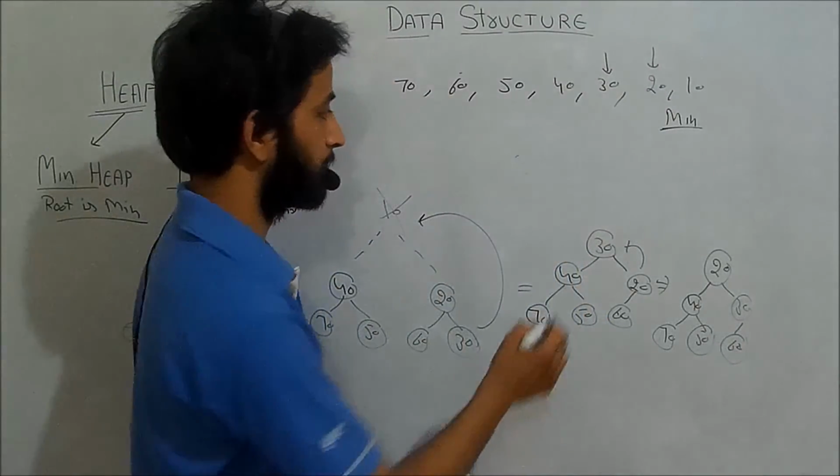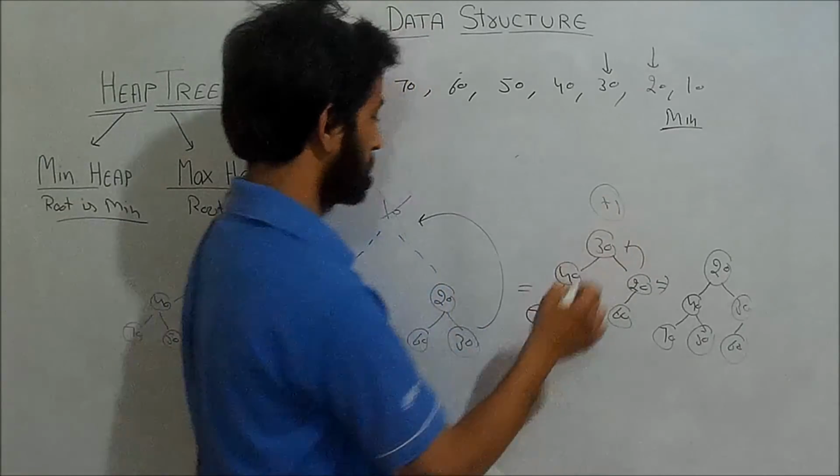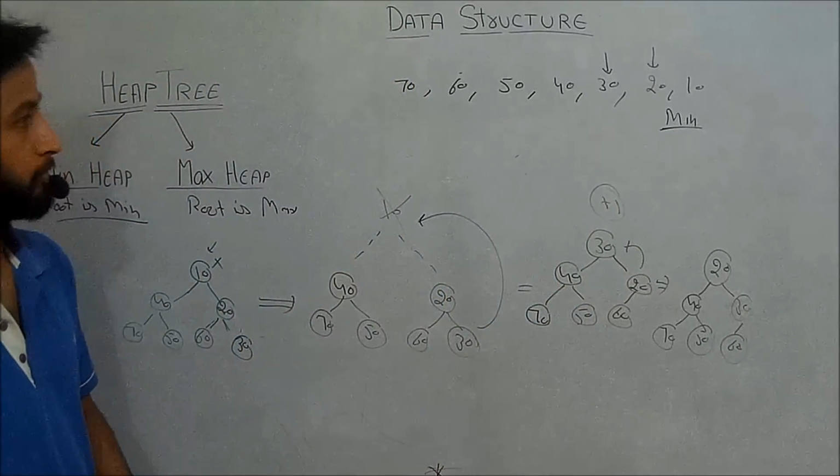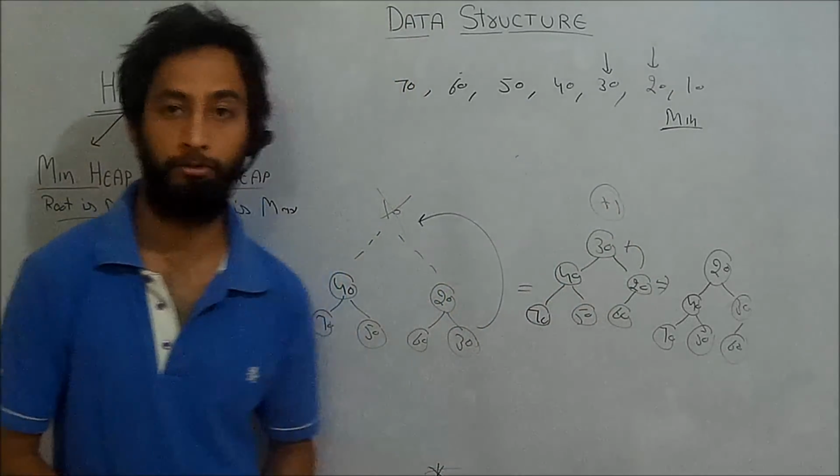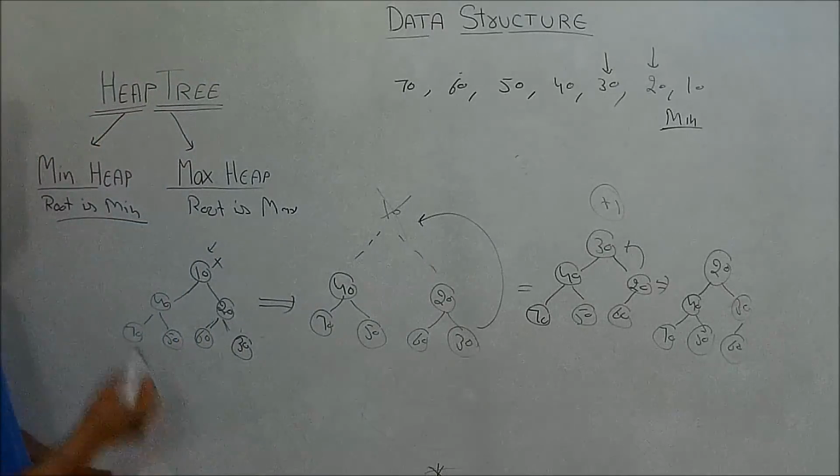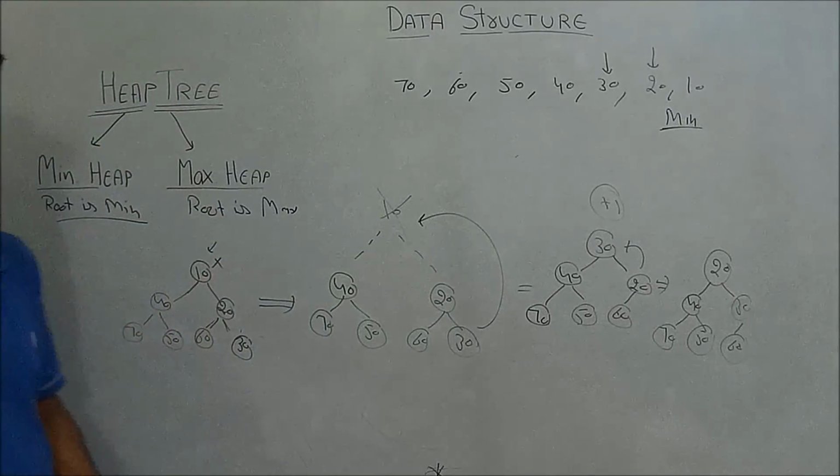Okay, so one interchange will be required after deleting 10 to construct the min heap. So this is all about the min heap and max heap. Okay, thank you.